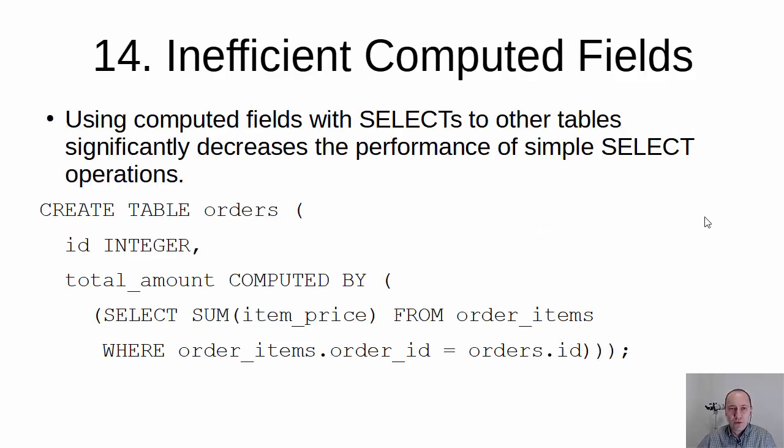And we are going to number 14. Number 14 is also kind of an anti-pattern. The problem is the following. You can create some table, and inside of the table you can declare some field like COMPUTED BY. And it is not prohibited to use a query to another table from this computed by field.